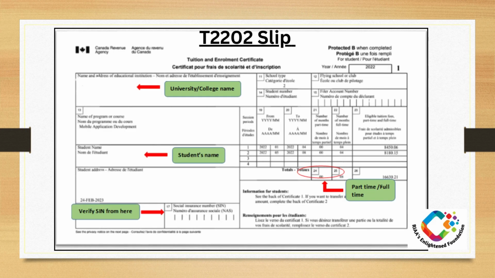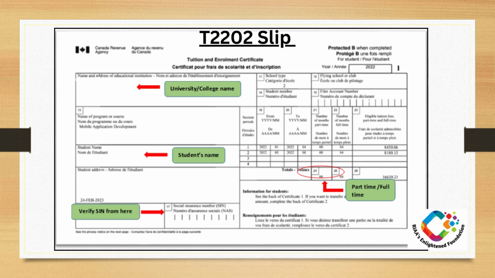This is what the T2202 slip looks like. On the top left, you will see the university or college name which has issued this slip. You will also see the name of the program in which you are enrolled and your student name, along with your address, and at the bottom you will see your SIN number.